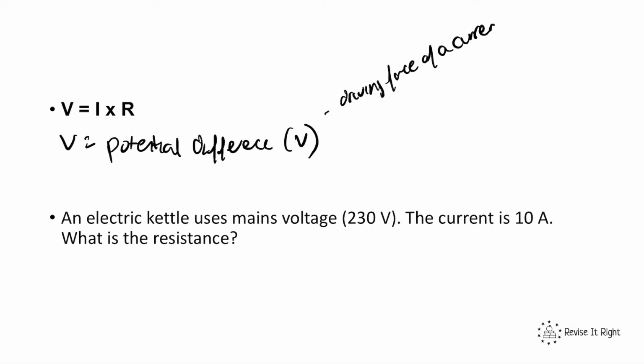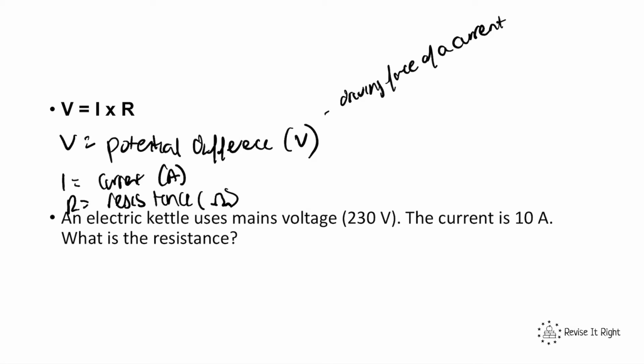So it's what actually pushes the current, and it's measured in volts. So V equals potential difference, which is the driving force that pushes that charge around. I stands for the current, and that's of course measured in amps, and R is resistance, and as I said, that's measured in ohms.